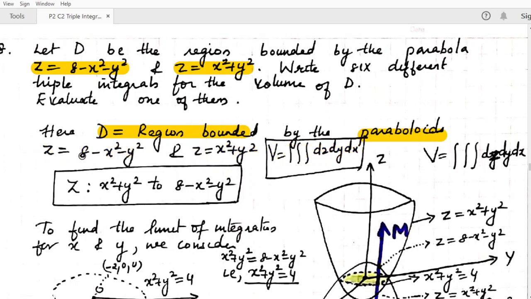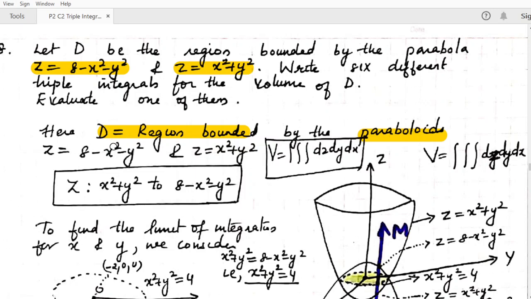Similarly, in the second equation the degree of x is 2, the degree of y is 2, and the degree of z is 1.